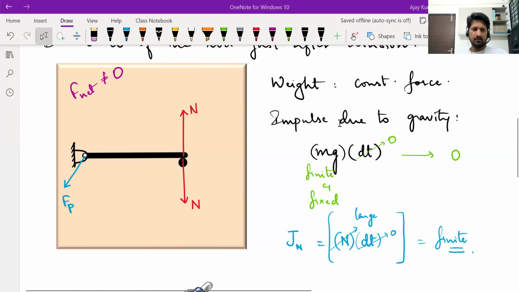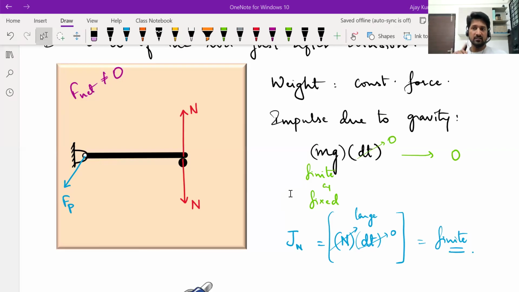Conservation of linear momentum. So for this collision, we cannot apply linear momentum conservation. The next option we are left with is angular momentum conservation. Energy conservation will anyway not apply because we don't know what kind of collision it is. So the only option we are left with is angular momentum conservation.